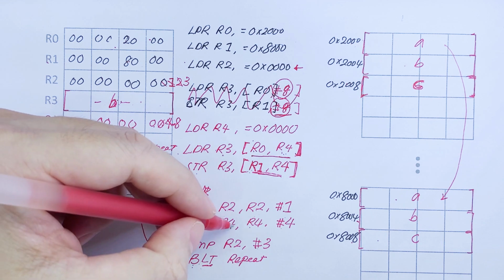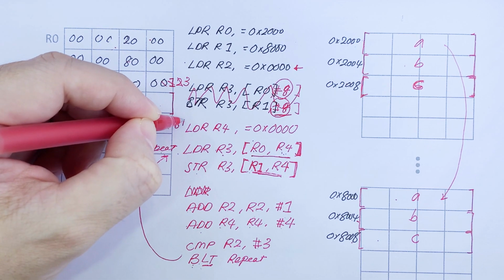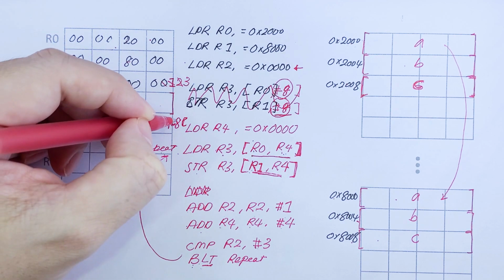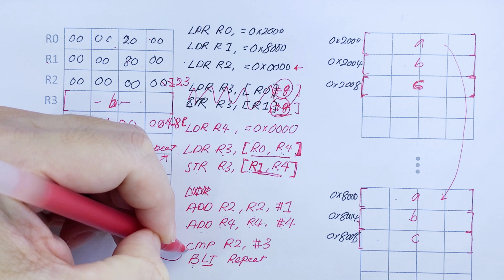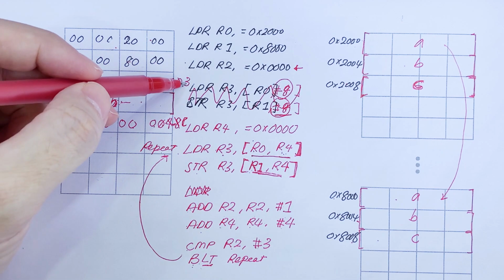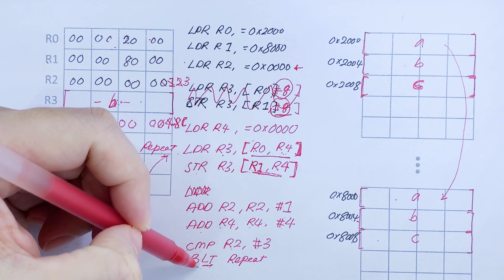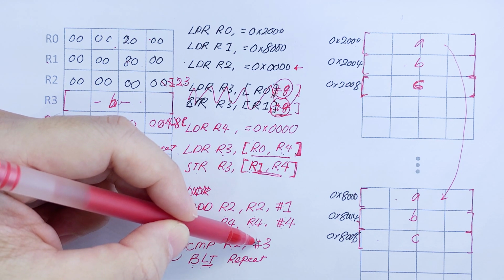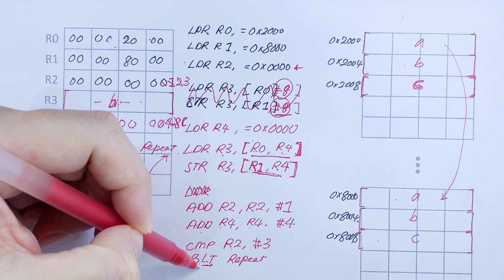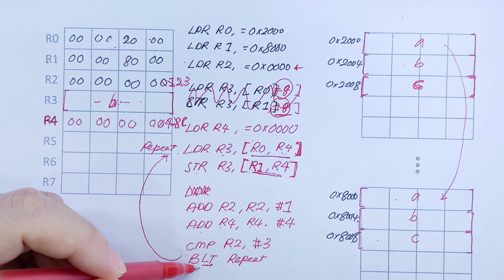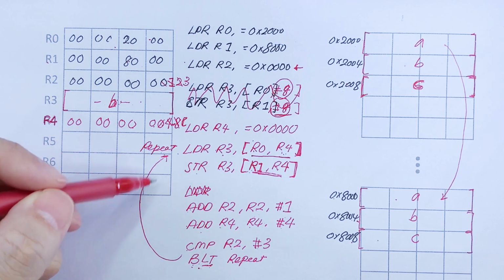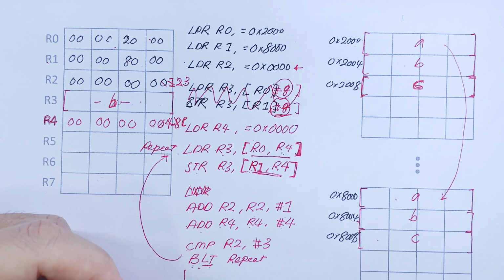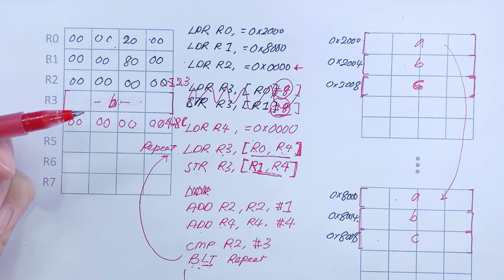We also increased R4 by 4, so it becomes 12, or in hexadecimal, C. However, when you compare R2 with 3, and your condition to branch is that R2 is less than 3, unfortunately this condition has failed, so the processor will not repeat the process again, and it will go to whatever instruction you have afterwards.